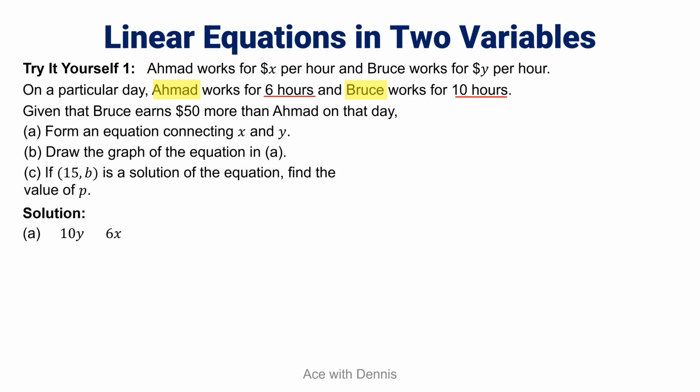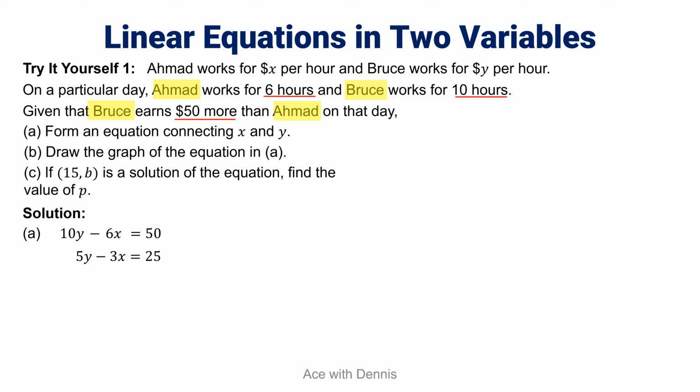So we can write 10y, where y is the earning per hour for Bruce. And given that Bruce earns $50 more than Ahmad, it means that the difference of their earnings is $50. Then we can write the equation as 10y minus 6x equals 50.